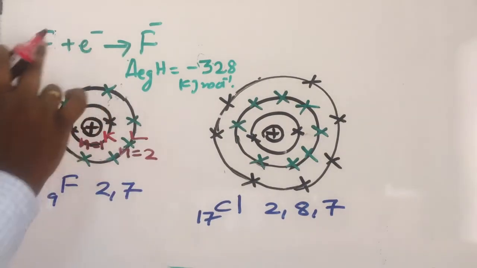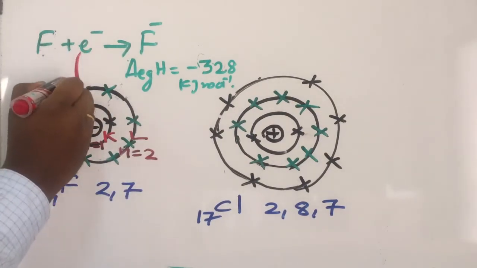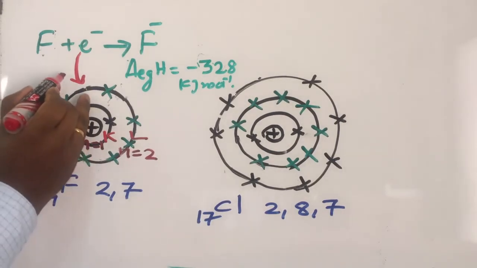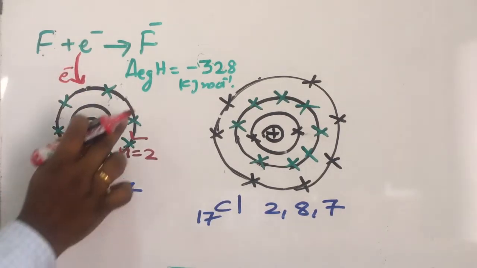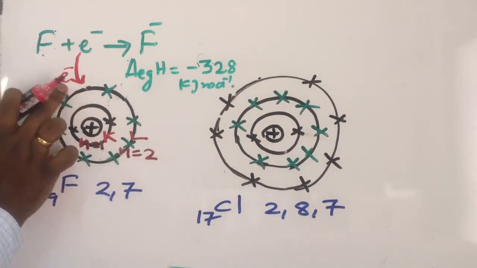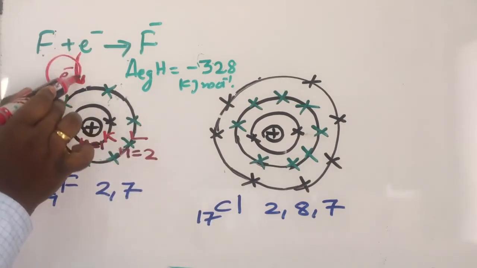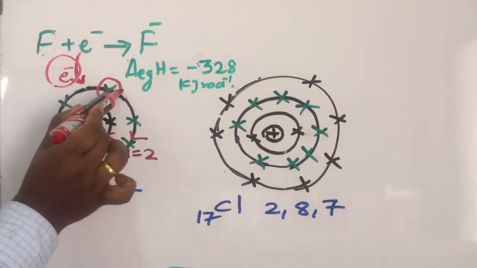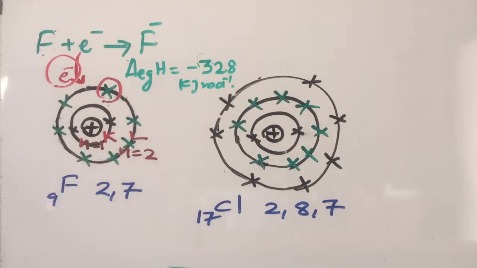When this electron is added to fluorine, what will happen? The electron will reach near the L shell, but it makes a repulsion with the electrons present in the L shell.